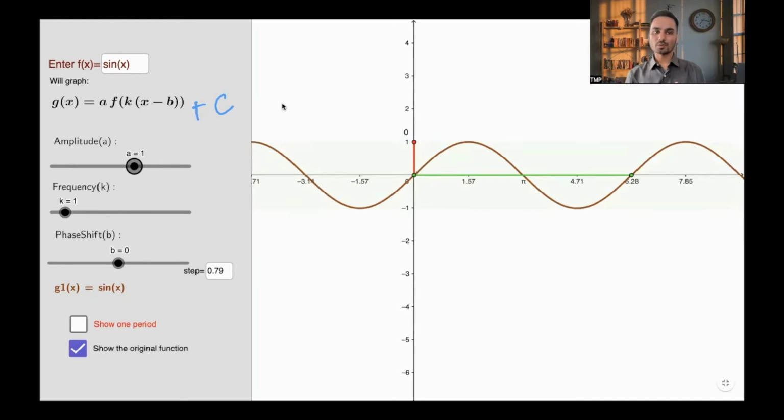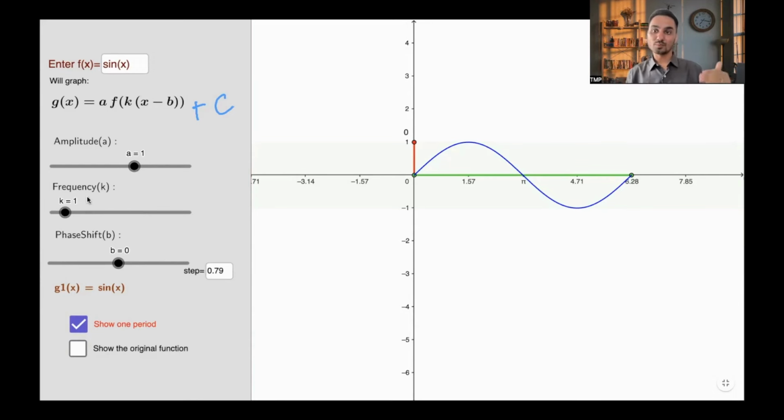Now let's talk about frequency and how it affects the graph. Here, for f(x) = sin x, k is equal to 1, which means the frequency is 1. That means in an interval of 0 to 2 pi, only one cycle is completed.